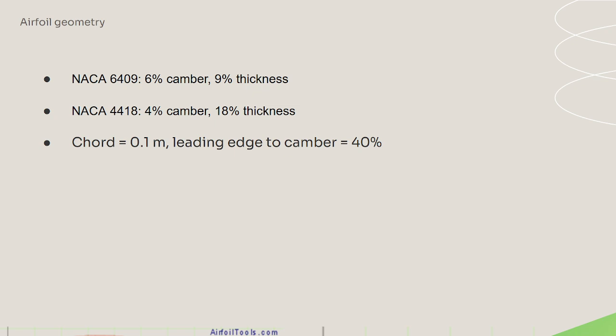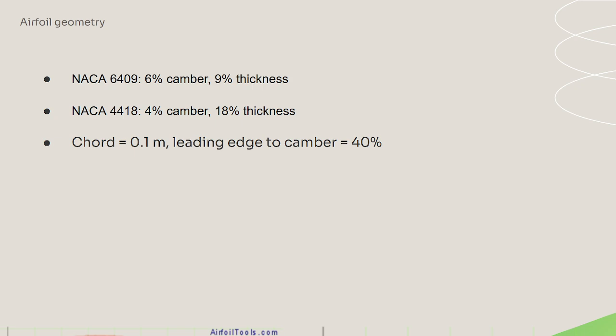Here we talk about the geometry of the airfoils in detail. The NACA 6409 airfoil has 6% camber and 9% thickness. These two numbers come from the title of the NACA airfoil itself, as the first of the four digits represents the camber, and the last two numbers represent the thickness. The NACA 4418 has 4% camber and 18% thickness.